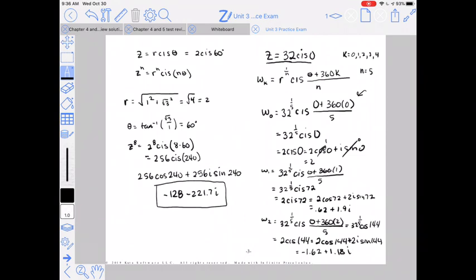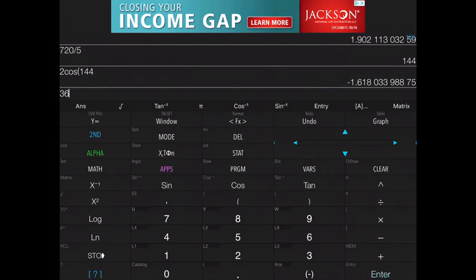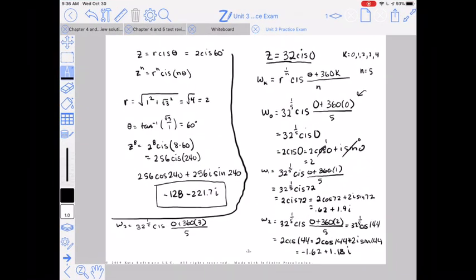Now we need W3. So 32 to the 1/5, CIS 0 plus 360 times 3 divided by 5. So that's 216.